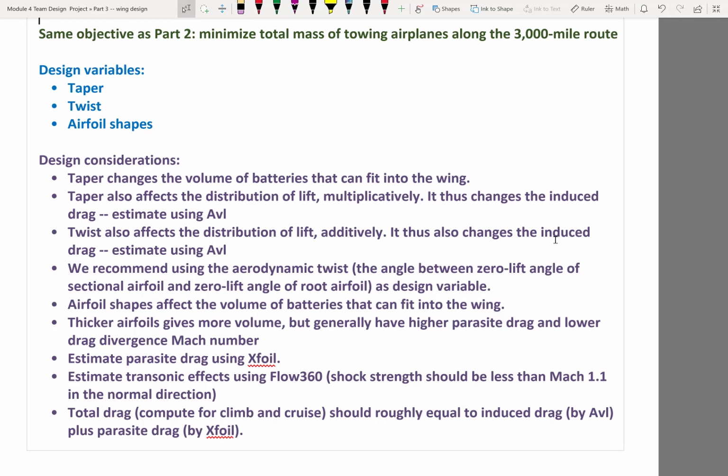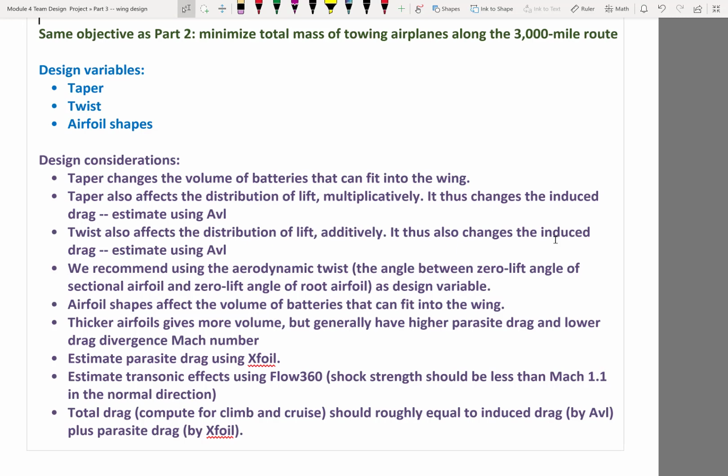Any thoughts? Yeah, that's right. The wing is no longer flat, right? A thicker airfoil, rather than having drag coming from skin friction only, might also have drag from what? Shocks.